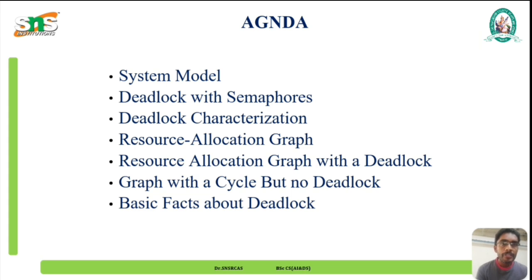The agenda for today's discussion will be: system model, deadlock with semaphores, deadlock characterization, resource allocation graph, a graph with a deadlock, a graph with a cycle but without a deadlock, and basic facts or ideas about deadlock and how deadlock actually happens.